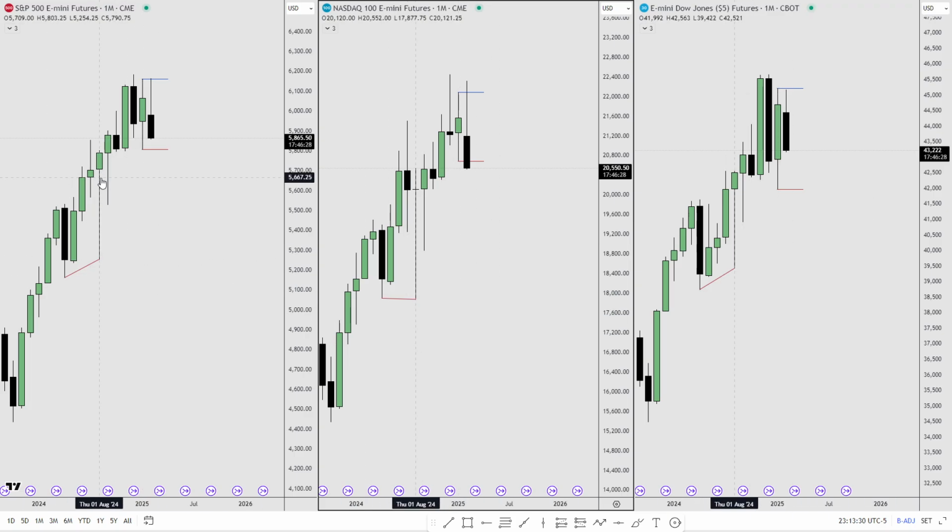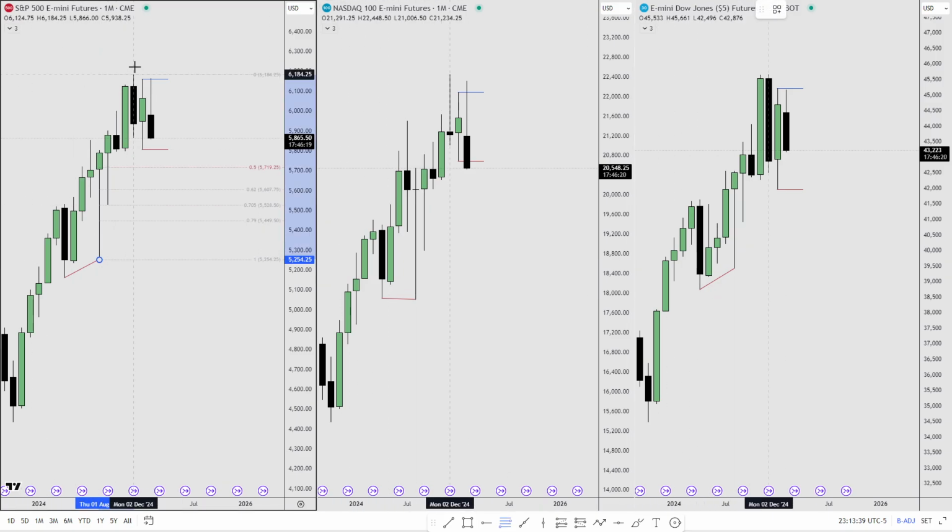Now from here, ES, we have this wick right here. From this low to this high, 50% would be below 50% of the wick. And then we will have the OTE levels as well.